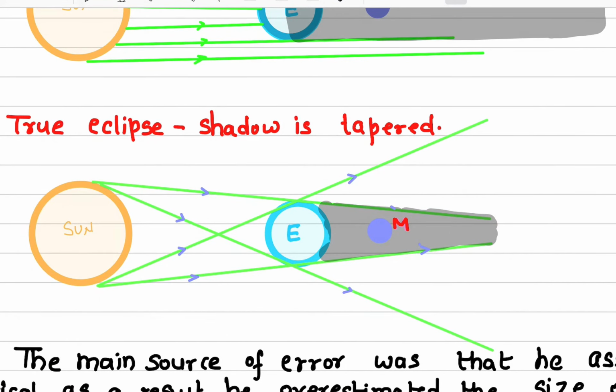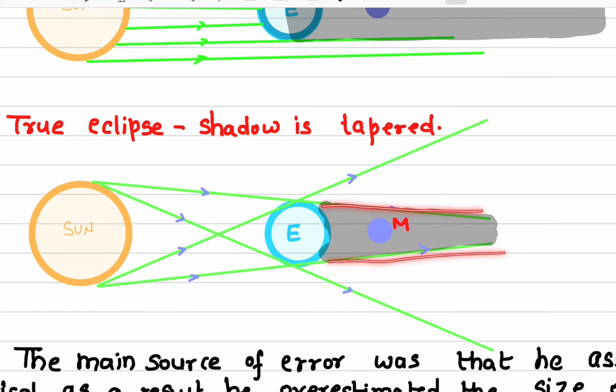Here is the sun. The light rays are coming this way, going this way, and also going this way too. This is how the light rays are coming. So that means the shadow onto the Earth's surface will not be cylindrical. Rather, it will be a tapered structure.